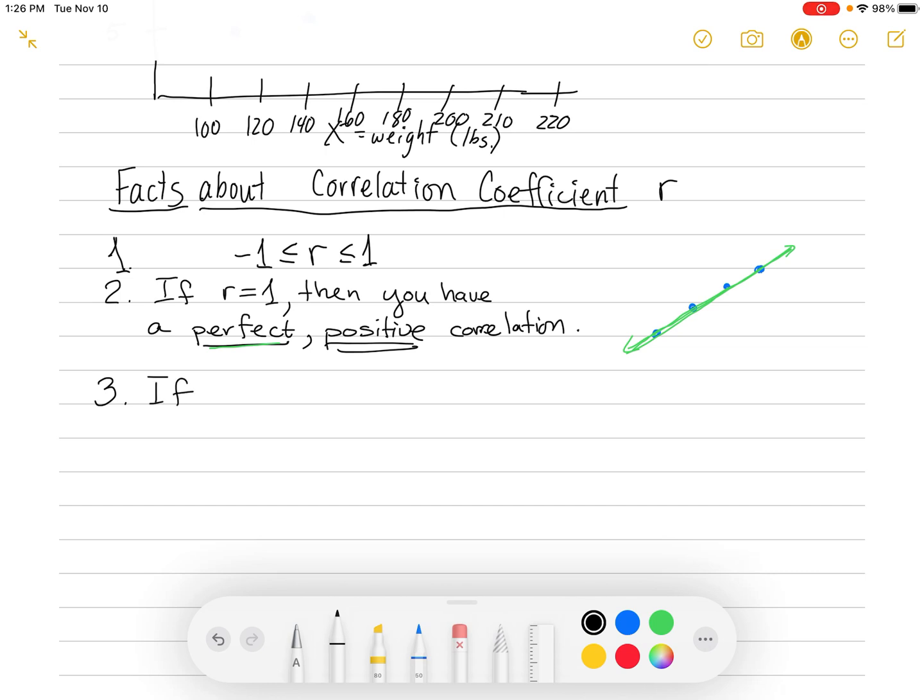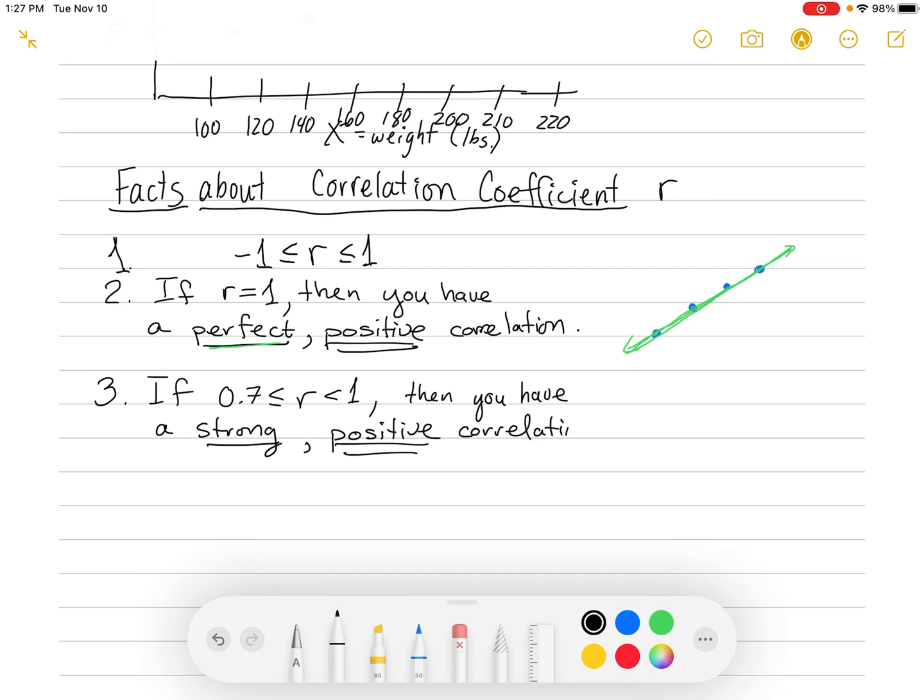If R is greater than or equal to 0.7 and strictly less than 1, then you have a strong positive correlation. So if you calculate the correlation coefficient and get it from 0.7 to 1, that's strictly less than 1, but greater than or equal to 0.7, that would be something like this.